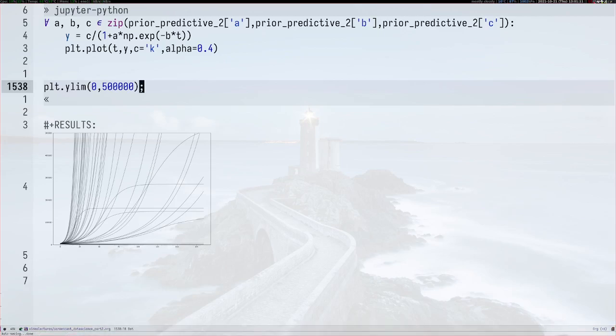So from here I leave it to you, using what we did in the previous video, to actually find the trace when we confront this prior distribution with our data.